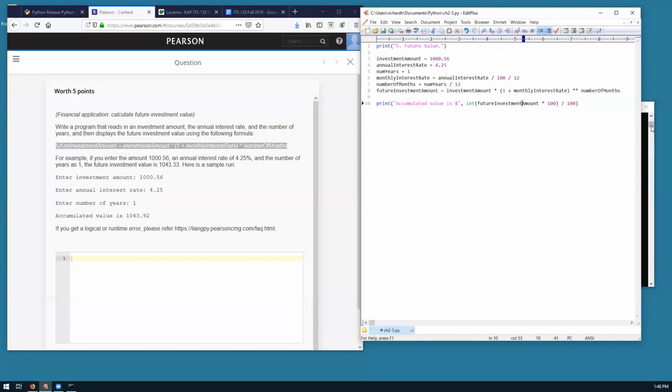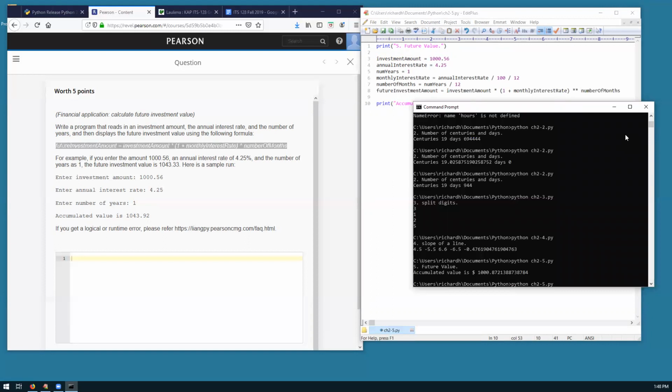Now let's see what this looks like. I wonder why it's not working. Monthly interest rate, 1 plus.